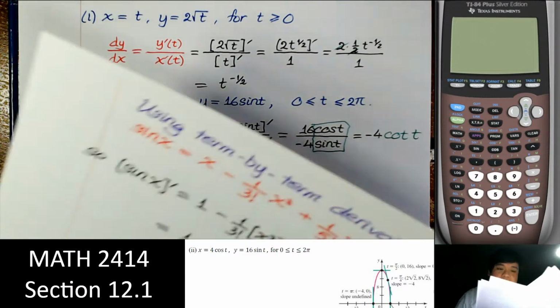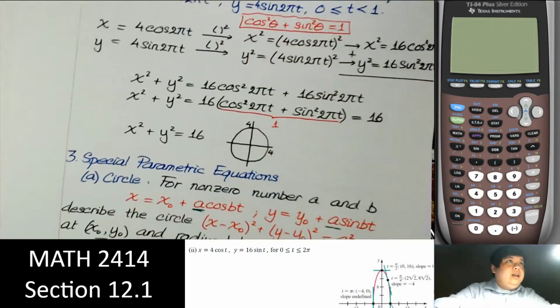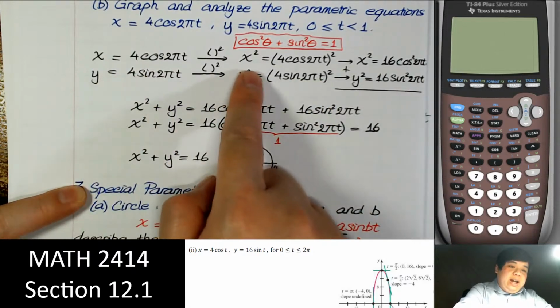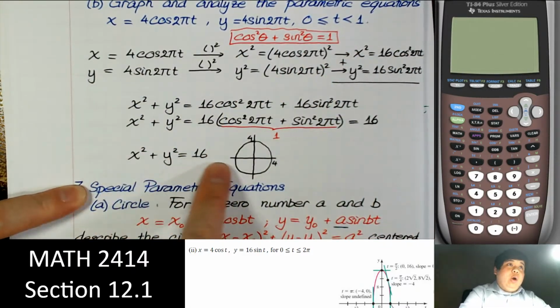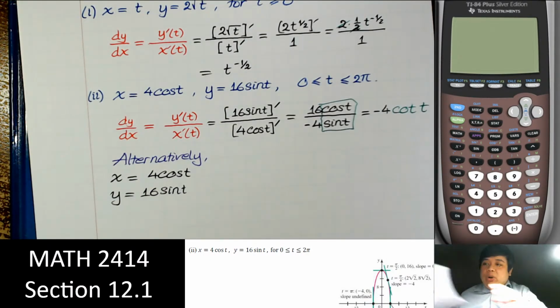Earlier we tried to eliminate t. So if we have this and square both sides, and when we add cosine square plus sine square is equal to 1, we have the equation that has no t in it. That's what we did earlier.